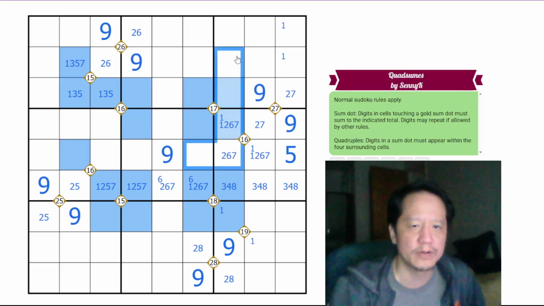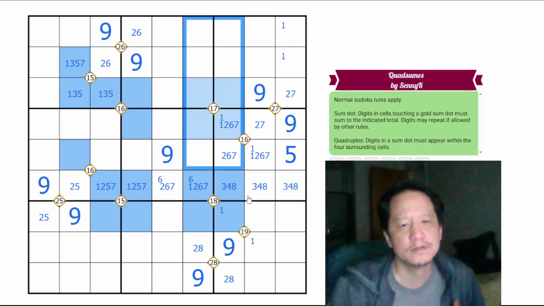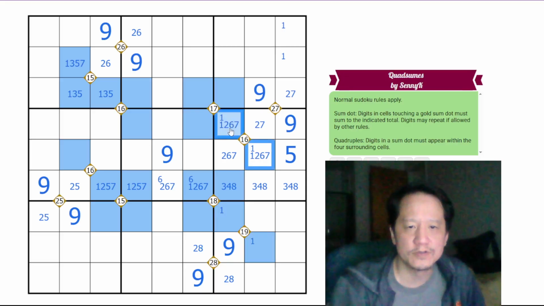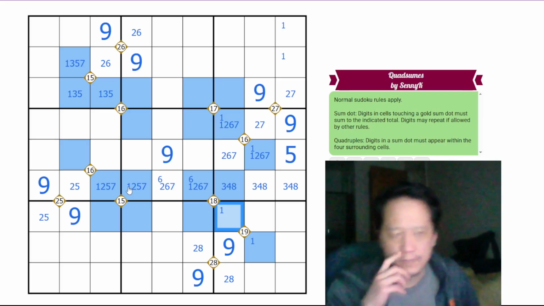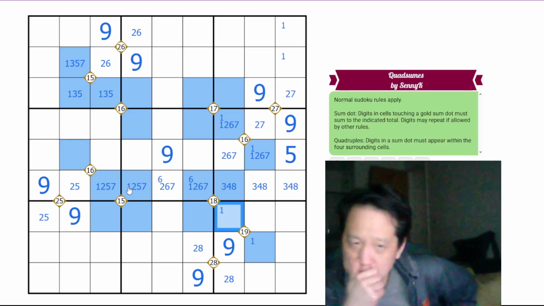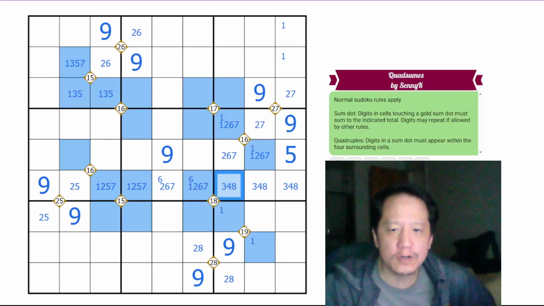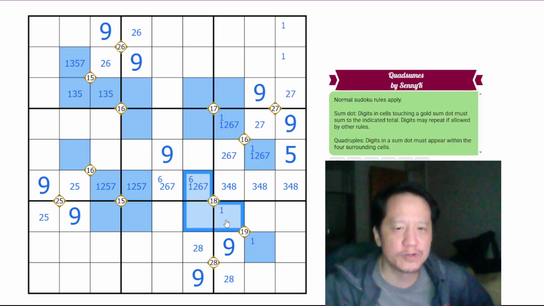8 cannot appear in any of these cells. So this is blue there. This is blue here. This can't be blue here. The blue has to be one of those 3.